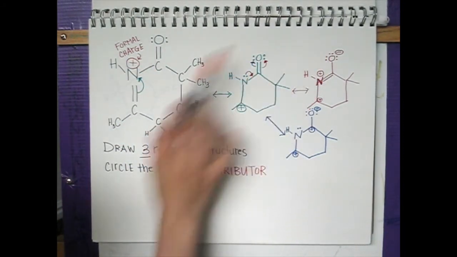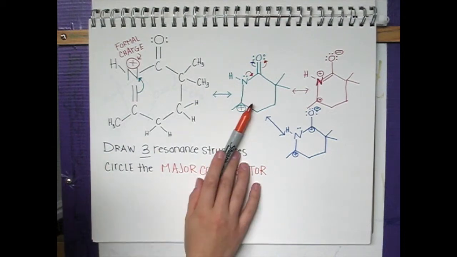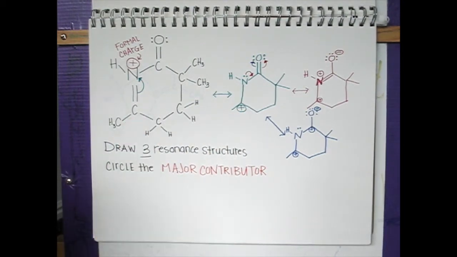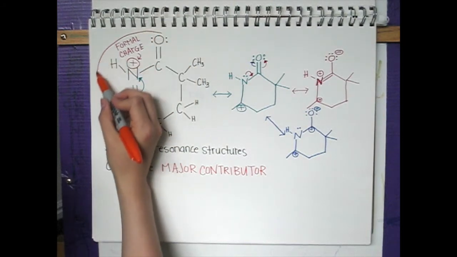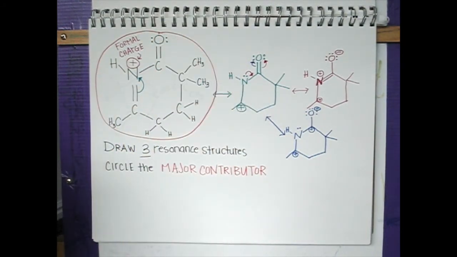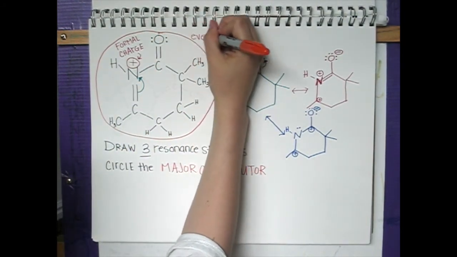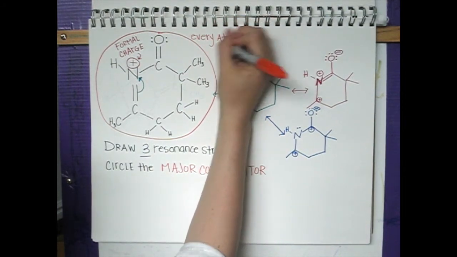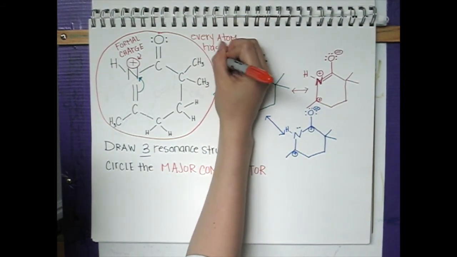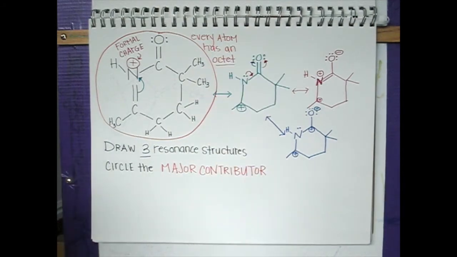Any carbocation does not have a full octet, so our major structure is actually the structure that we started with, because all atoms have an octet. And that is the most important criteria for deciding what is major.